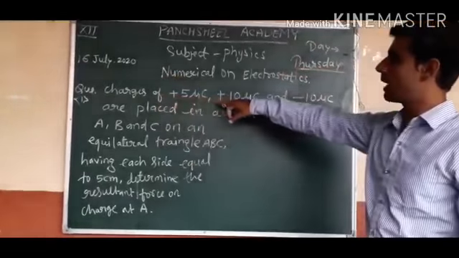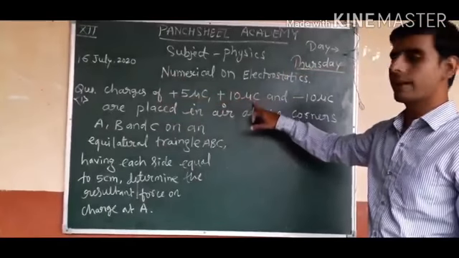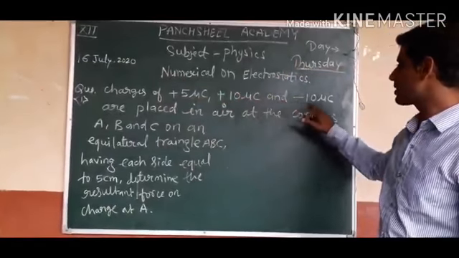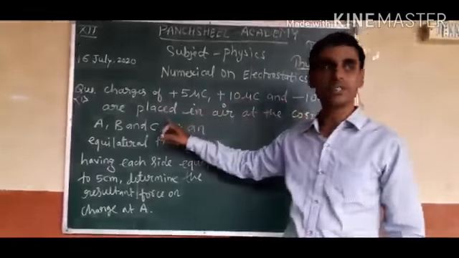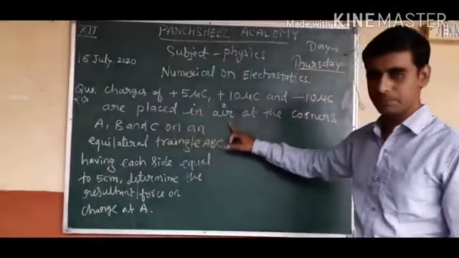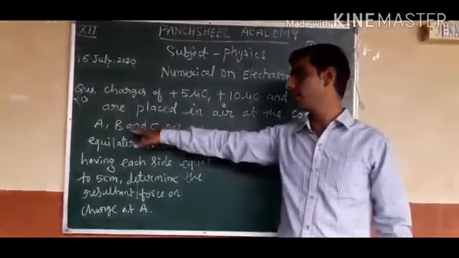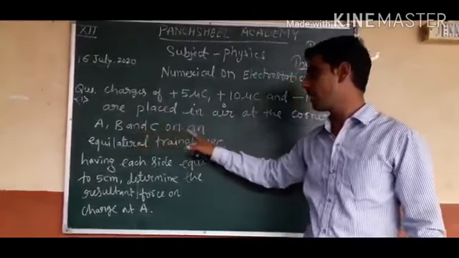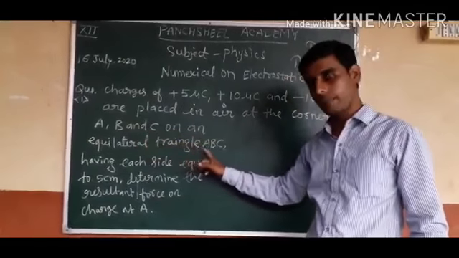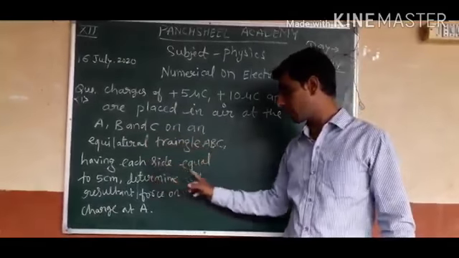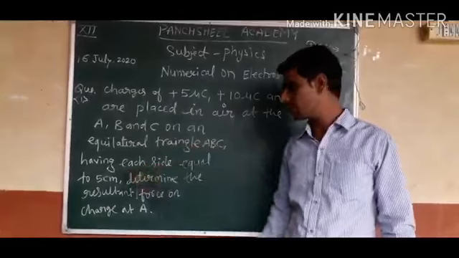Charges of 5 microcoulomb, 10 microcoulomb and minus 10 microcoulomb are placed in air at the corners A, B and C of an equilateral triangle ABC having each side equal to 5 cm.